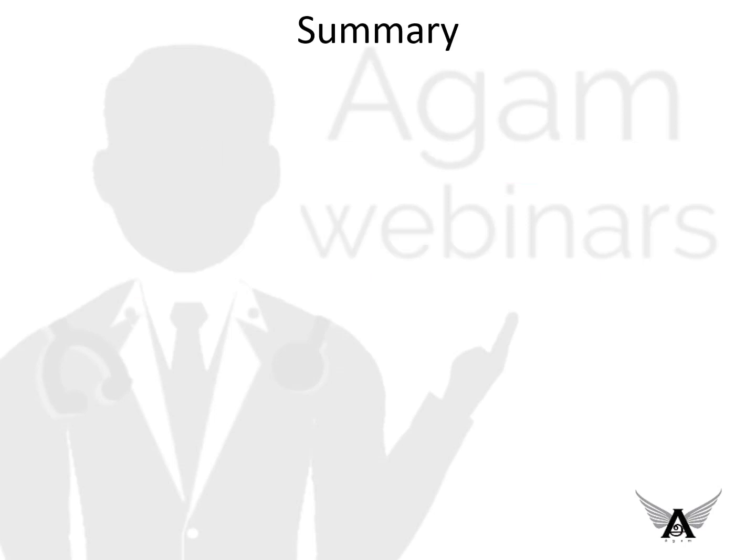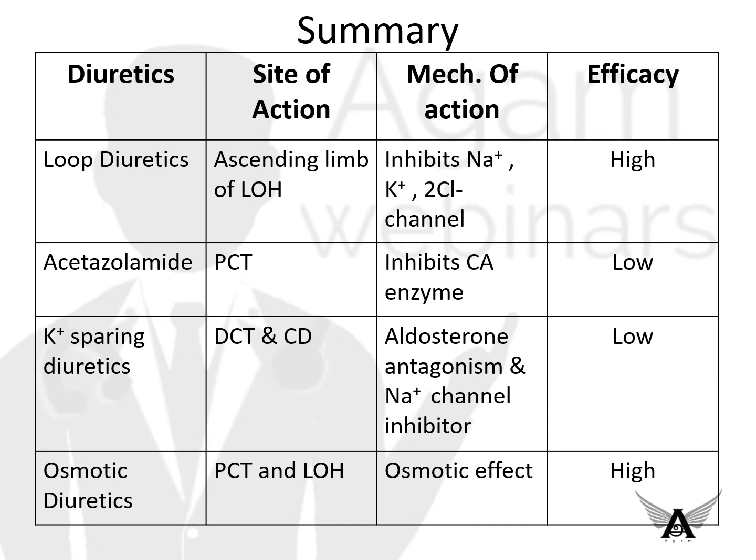So now we are at the end of the video. Let's summarize what we learned from the beginning of this video. Loop diuretics are also called high ceiling diuretics. They act on the ascending limb of the loop of Henle. What do they inhibit? They inhibit the sodium potassium 2 chloride co-transporter.